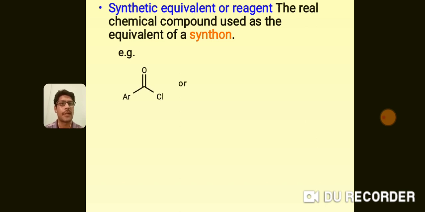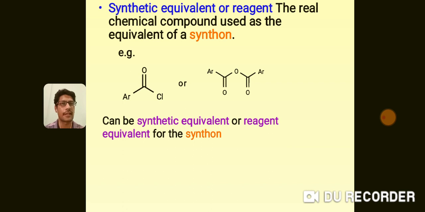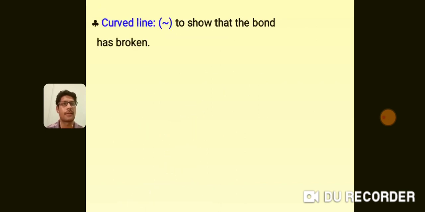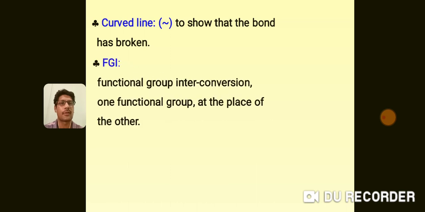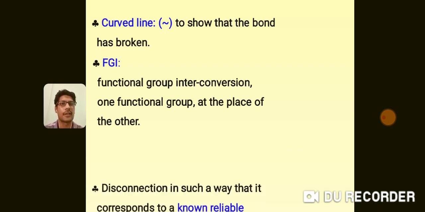For example, acyl chloride or benzoyl chloride, and the anhydride, can be the synthetic equivalent or reagent equivalent for a particular synthon. This is the positively charged synthon. Now a curved line shows that the bond has broken. What is FGI? FGI is functional group interconversion, one functional group in place of another.